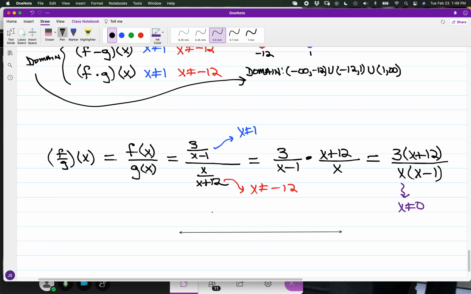So the values excluded are negative 12, 0, and 1.